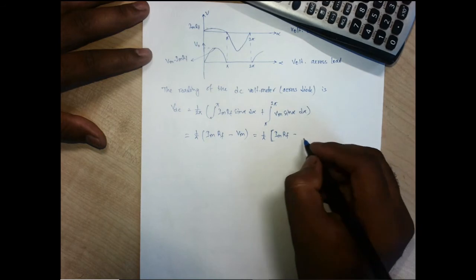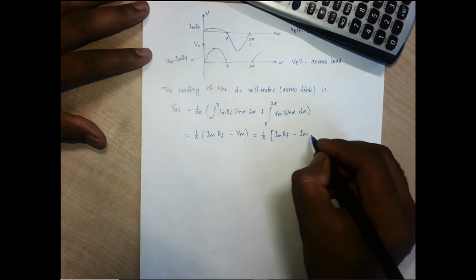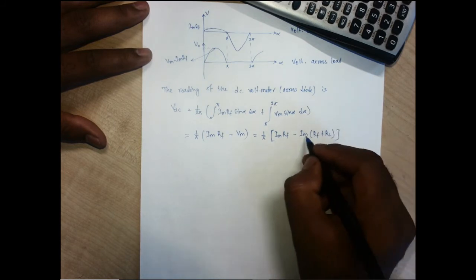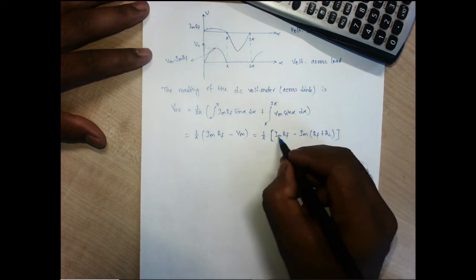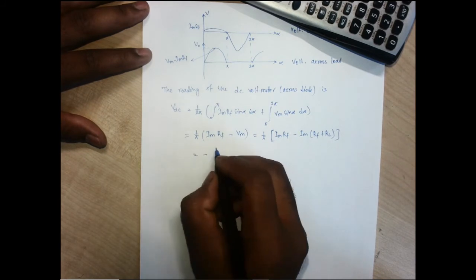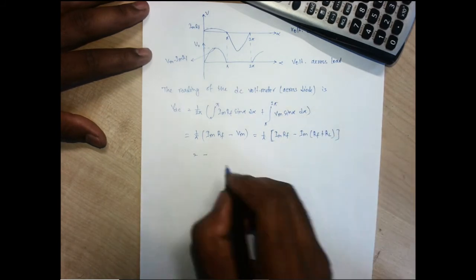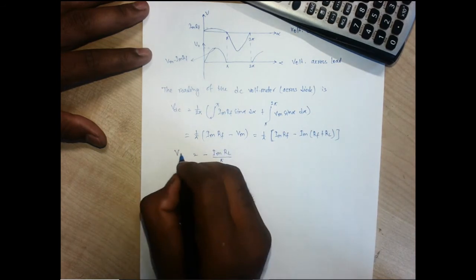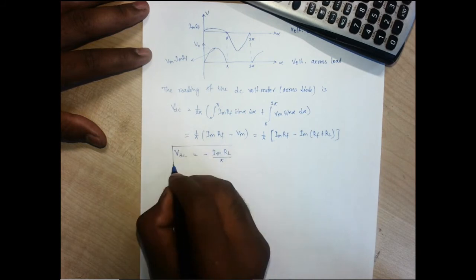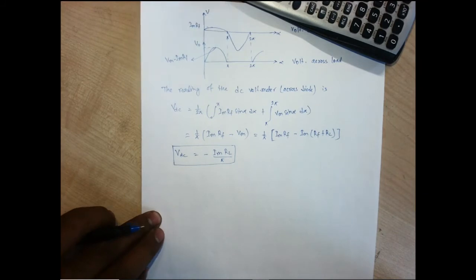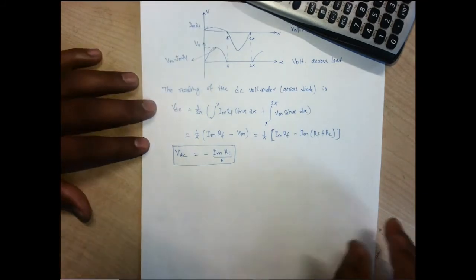This Vm can be written as Im into Rf plus RL, because this Vm is Im into Rf plus RL. So this Im Rf will get cancelled. We are left with minus Im RL by pi. That is the VDC across the diode.